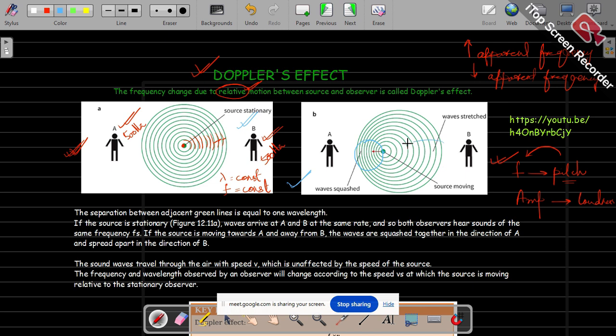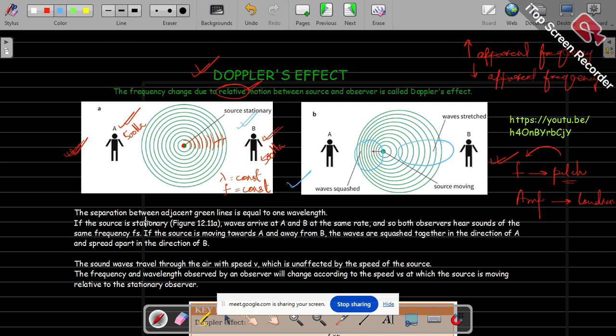And the waves are spread apart, that is, they move further apart from the observer from which the source is moving away. Now, from the waves coming closer and the waves moving apart, what outcome can I draw from here?